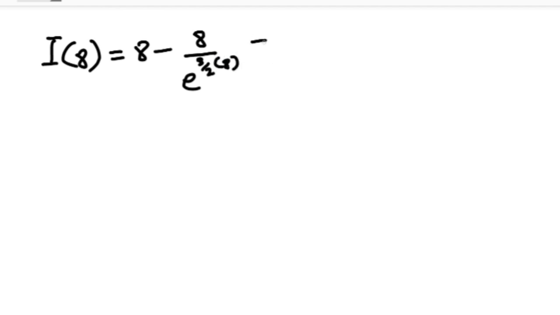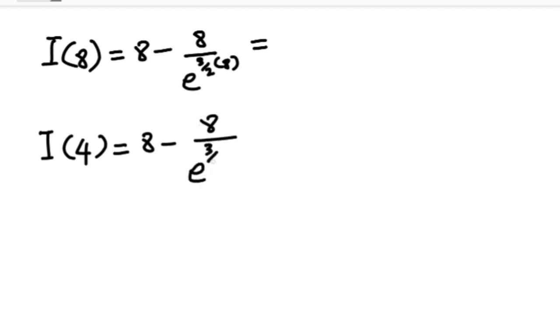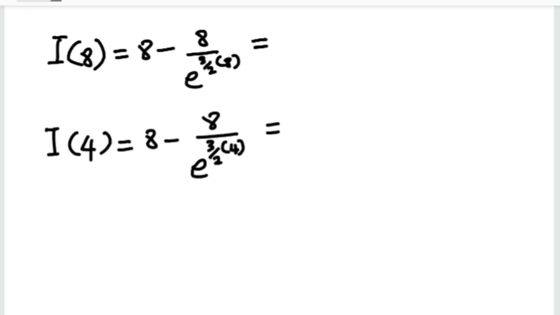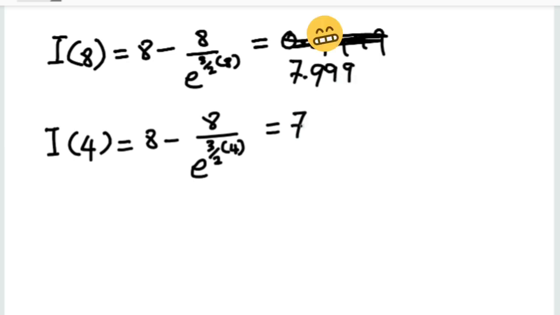Then we calculate I(4), which is 8 - 8 over e to the power of 3/2 times 4. We calculate the answers: for I(8) we obtain 7.999, and for I(4) we obtain 7.9802.